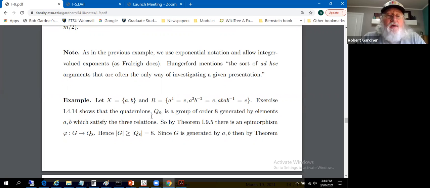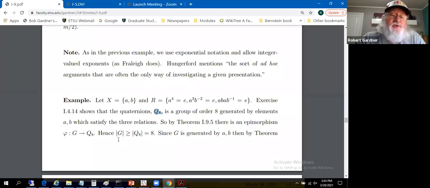So we'll take it as given that Q sub 8 is generated by two elements and these relationships are satisfied. So we know by Theorem 1.9.5, von Dyck's theorem, there's an epimorphism phi that maps G to Q8, the quaternions.